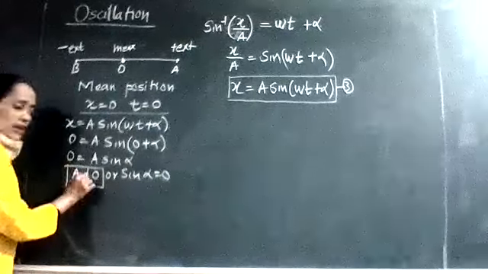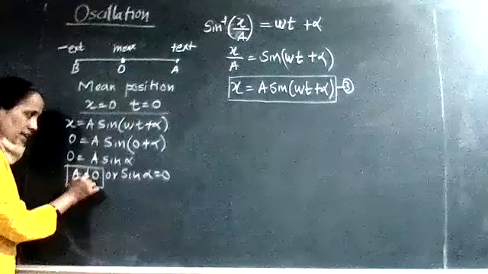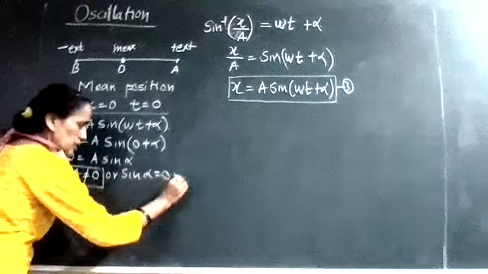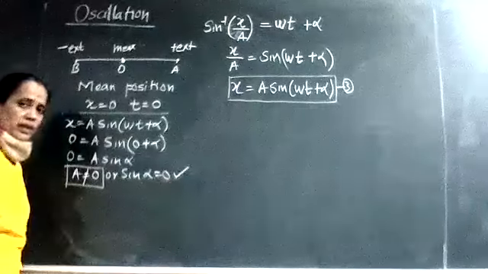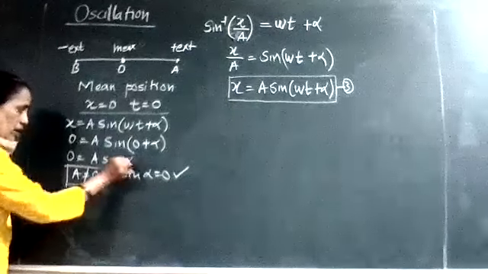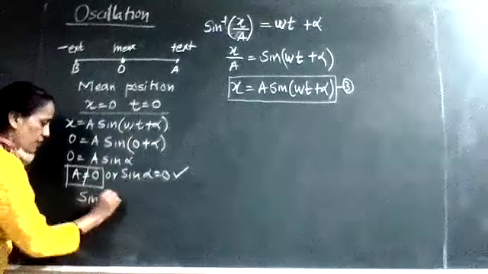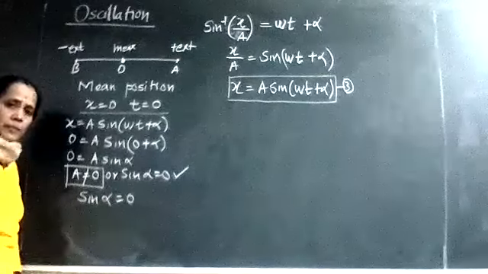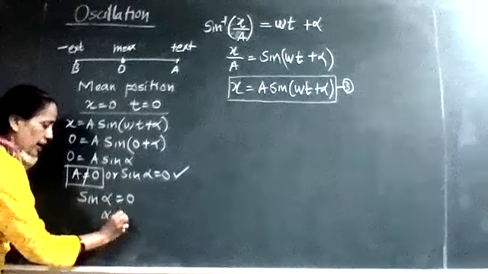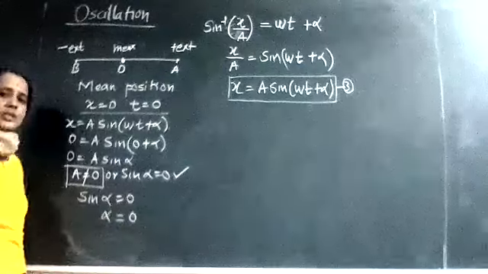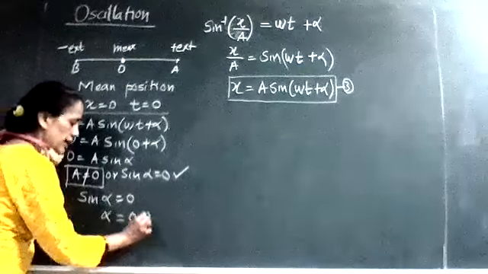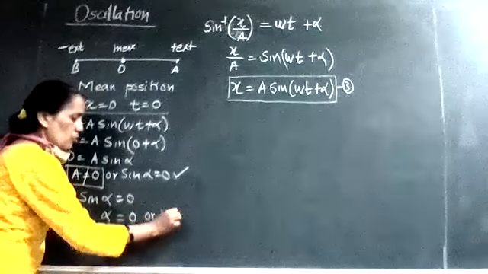So A is never to be 0. If A is never to be 0, which condition must be true? Sine alpha must be equal to 0. So if sine alpha is equal to 0, your alpha angle must be equal to 0.